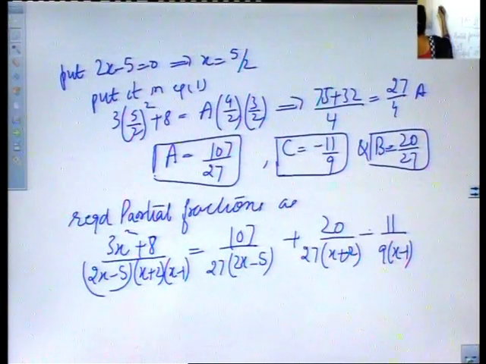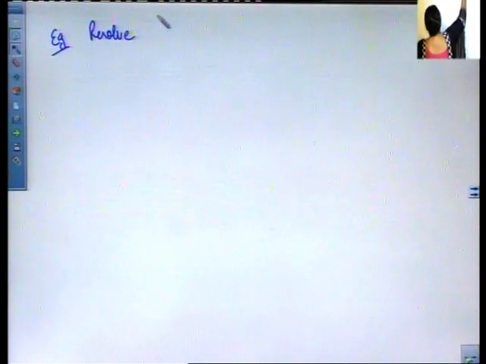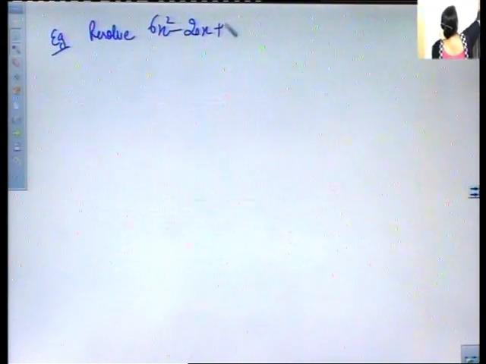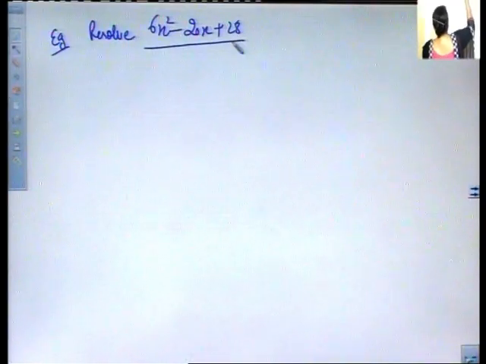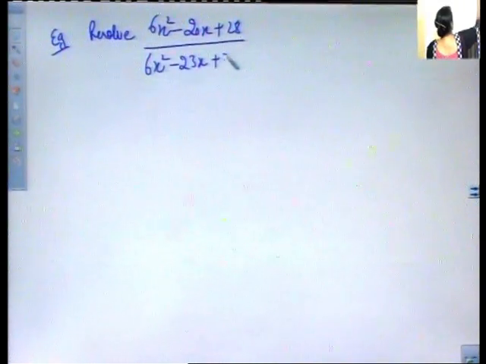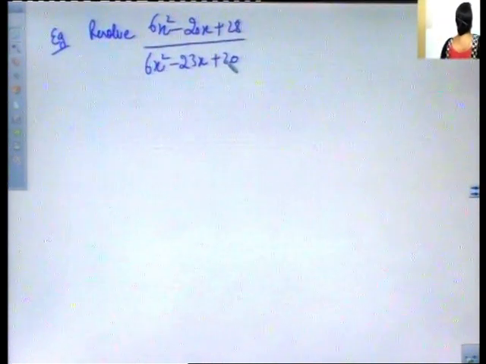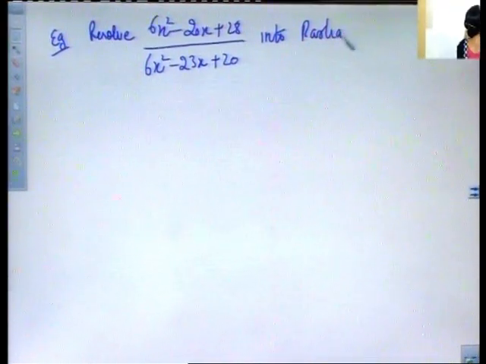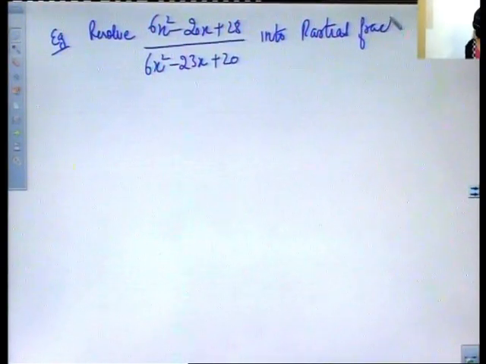So next example, resolve 6x square minus 20x plus 28 upon 6x square minus 23x plus 20 into partial fractions.